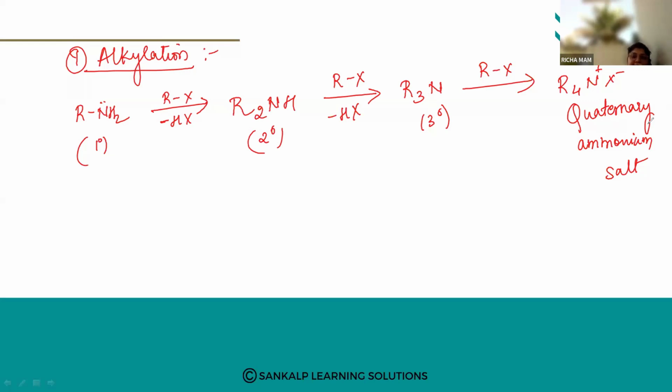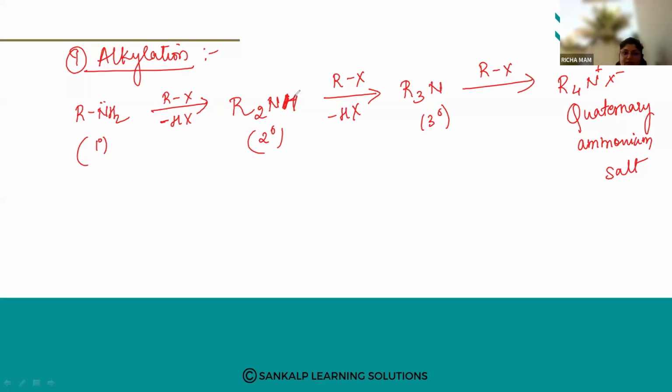At each step you get the primary amine, secondary amine, tertiary amine, and finally the quaternary ammonium salt, wherein all the hydrogen atoms are replaced. So this is alkylation. Is it clear?